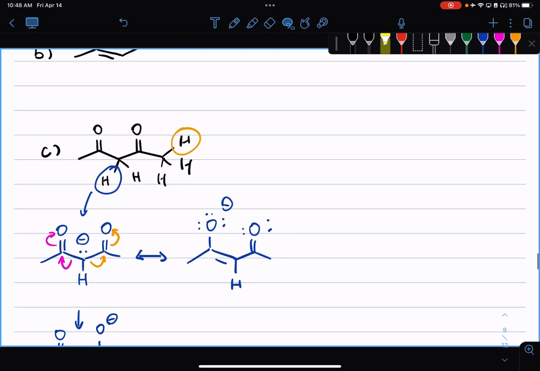All right. But alternatively, if we're deprotonating this terminal hydrogen, what we're getting is something like this. Again, likewise, a carbon-centered anionic species. It has one resonance structure stabilizing it.